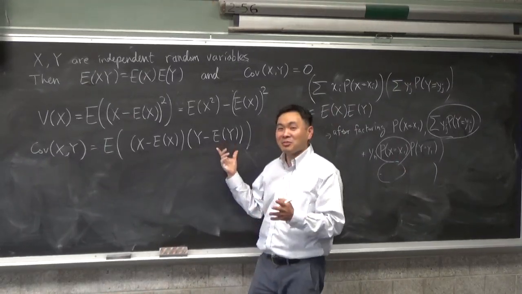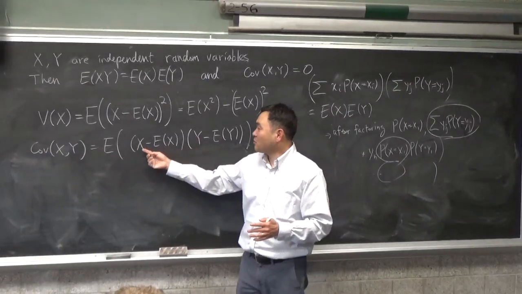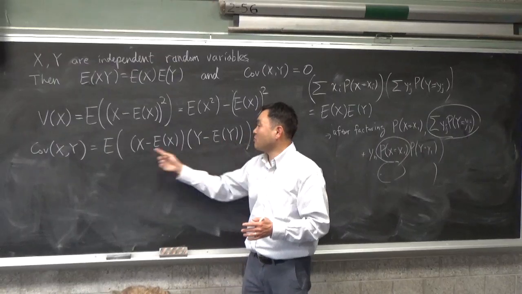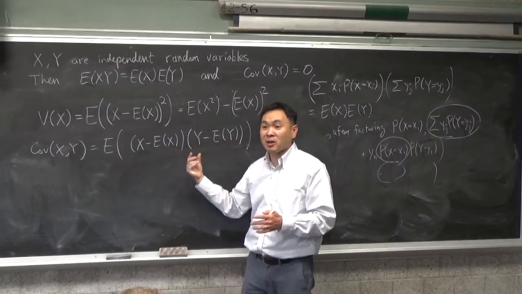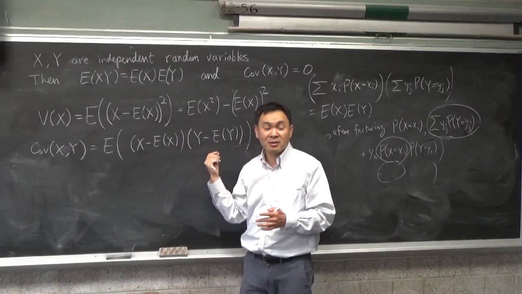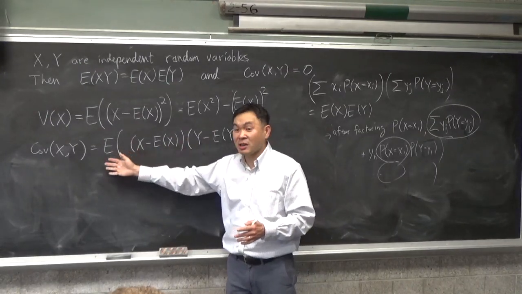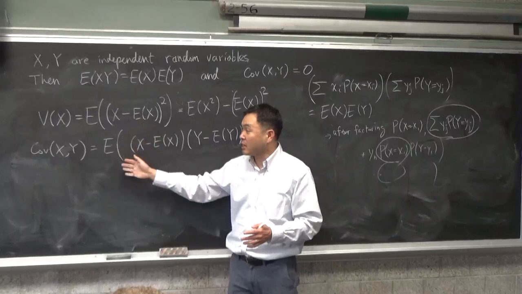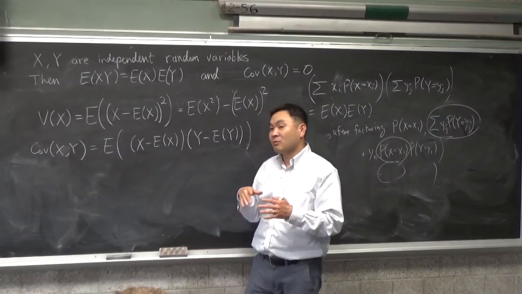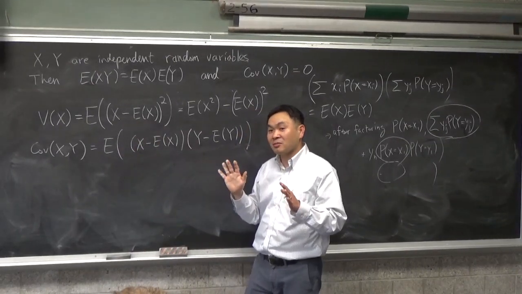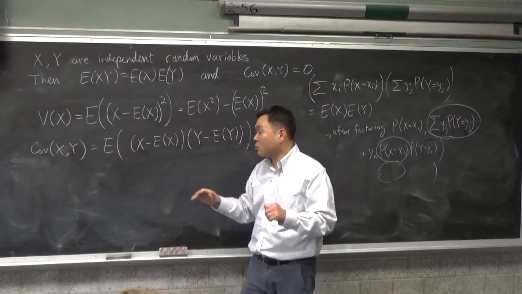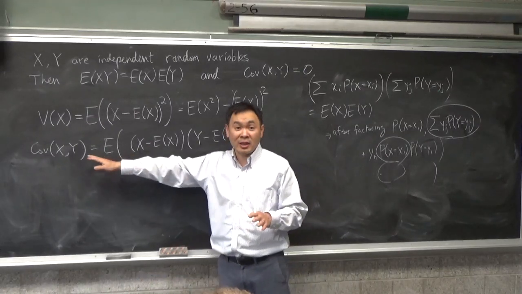So if you have such a thing, then if this is positive, this will be negative. If this is negative, that's positive. So in both cases, the product will be negative, right? If the product is negative in many cases, and you're taking the average, overall, you're going to get a negative value. So you see that if two random variables have the tendency to go the opposite way, then the covariance will be negative.